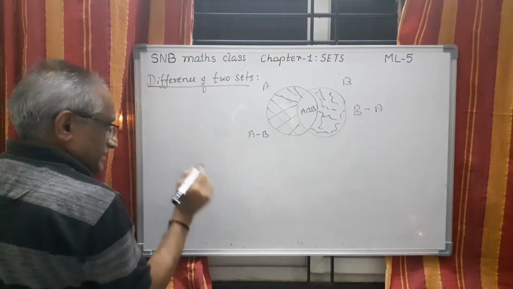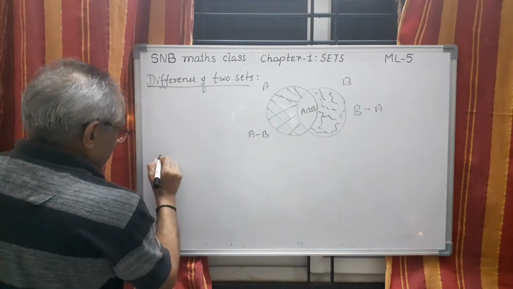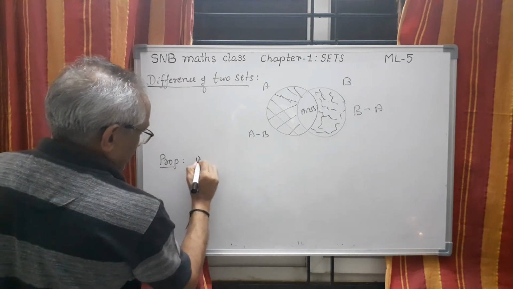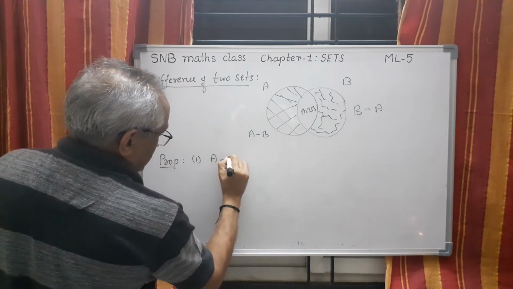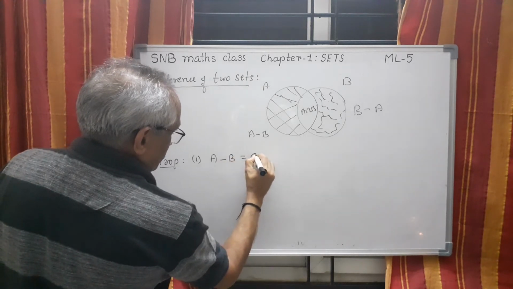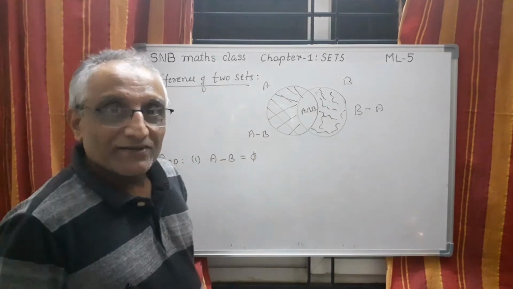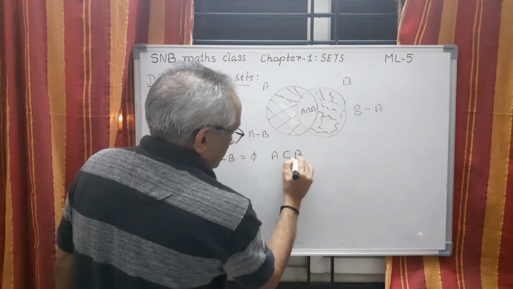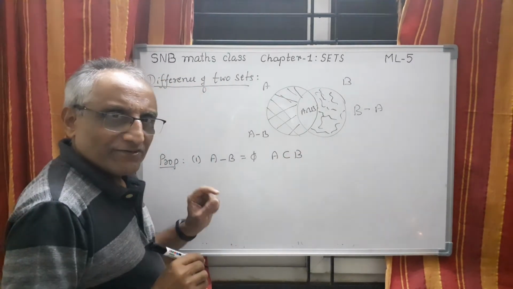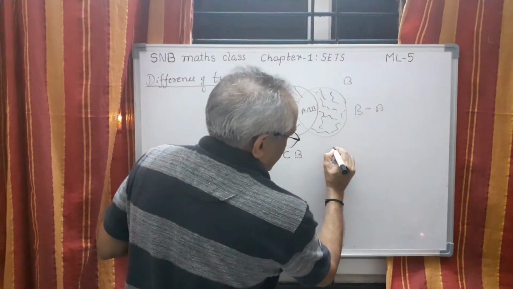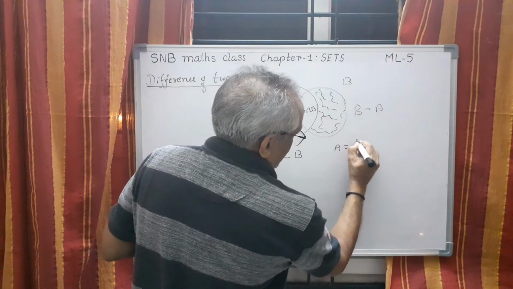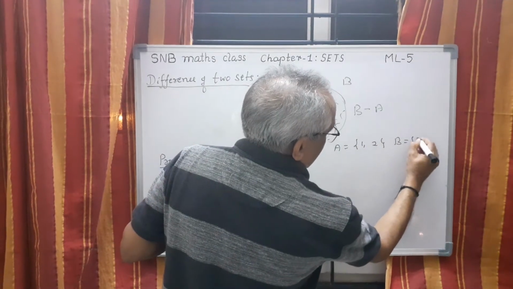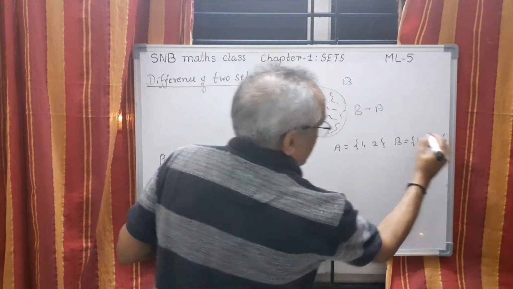Now we can list a few properties. This is not mentioned in the textbook, but you can list some important properties. For example, one: A difference B will be empty when A is a proper subset of B. Let me give a very simple example. Let us take A equal to {1, 2} and B equal to {1, 2, 3}.